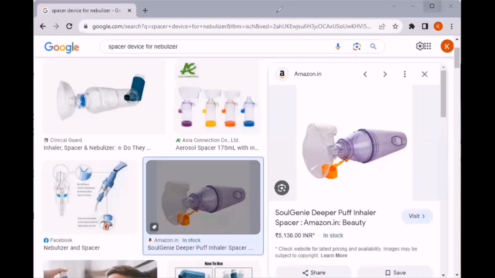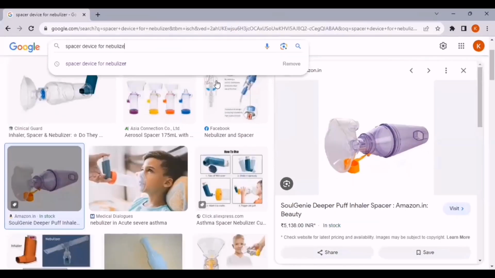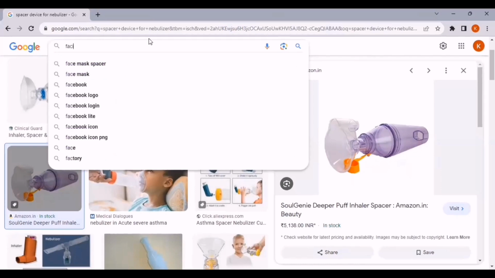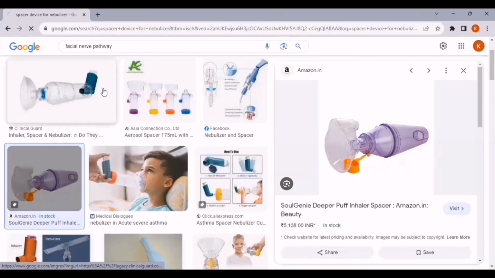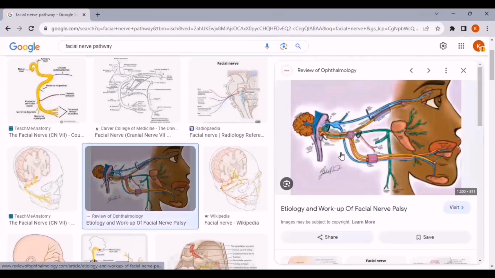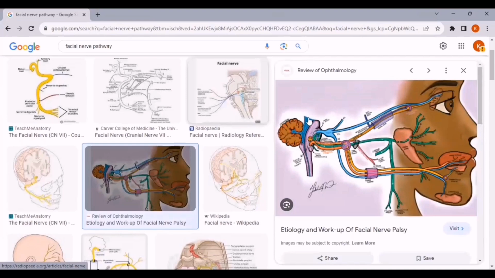Let's go here. There are a lot of things on this image, but I'm just hoping that you can single.